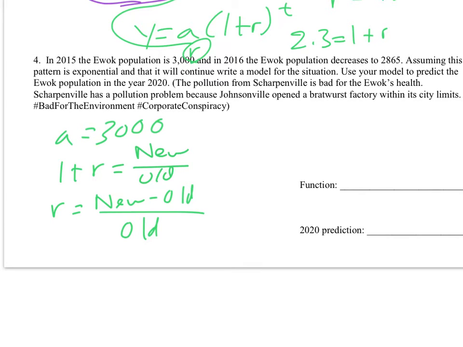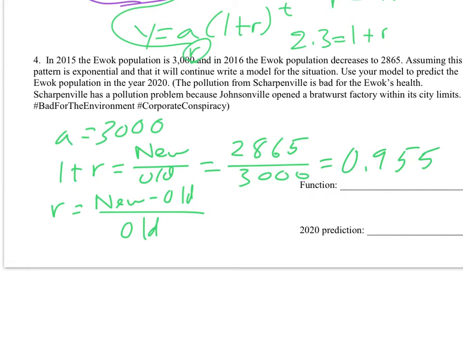So a bit easier, I think, to figure that out. In this case, the new number is 2,865, and the old number was 3,000. So we can figure out our value from that. And that equals exactly 0.955.